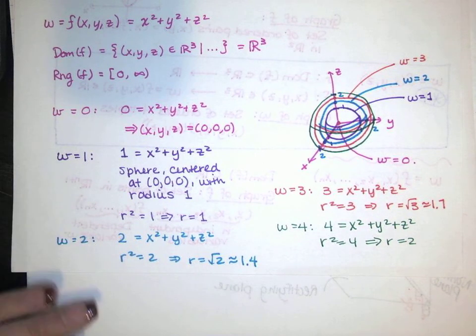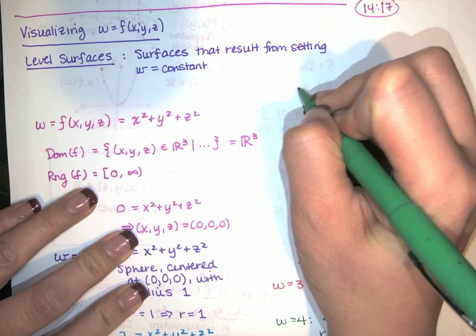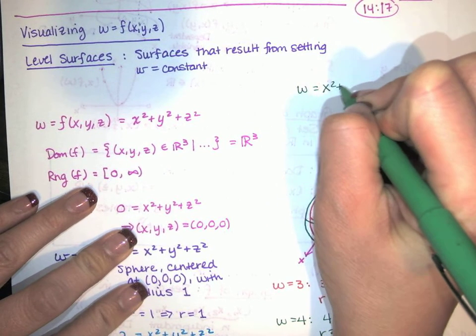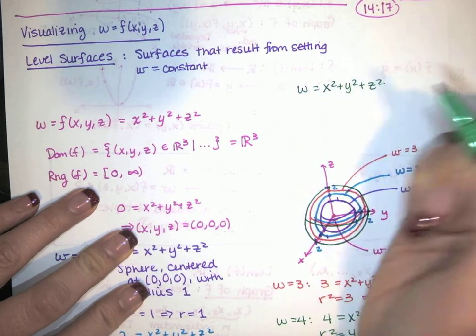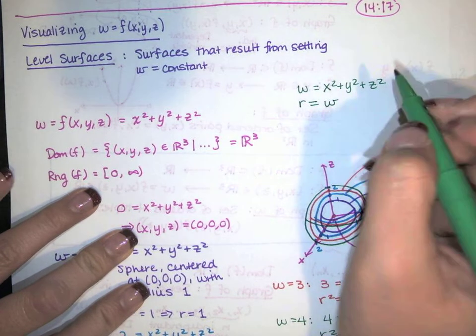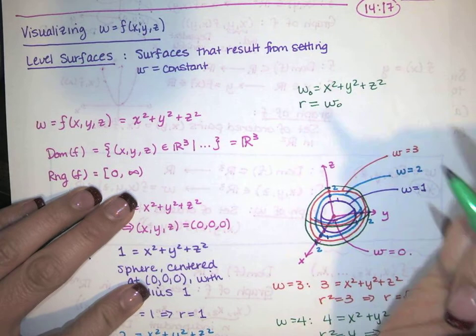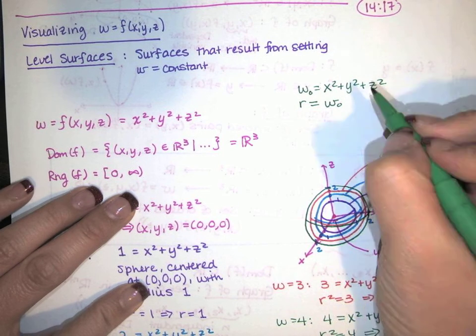So in general, for these level surfaces, I've got w equals x squared plus y squared plus z squared. So the radius of the sphere is w. If w is a constant, I'm going to call that w naught just to remind us that it's constant.